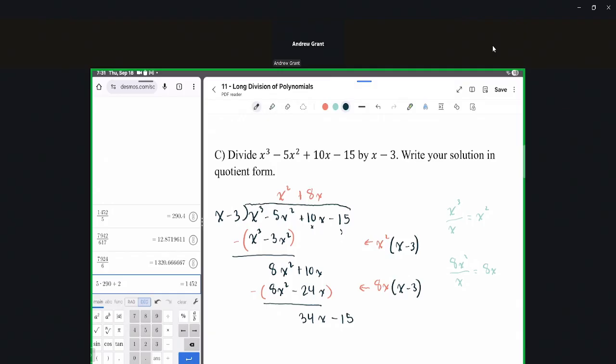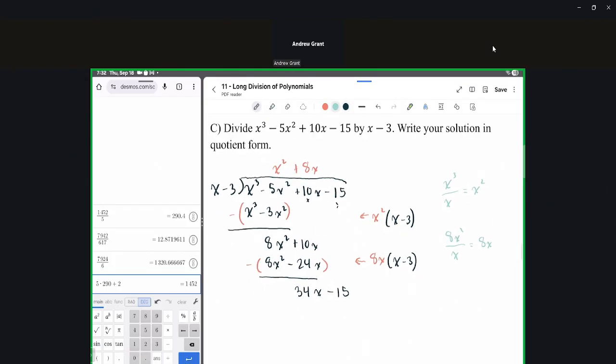I'm like, unfortunately, when you're going to end up with a remainder, a lot of the time it's going to be not a small number. You can very easily end up with these large numbers. And we're going to see why that is the case in a bit. But for now, just realize that if you run into things like 34x minus 15, there's a good chance that that's probably still correct, but the number's just quite large.